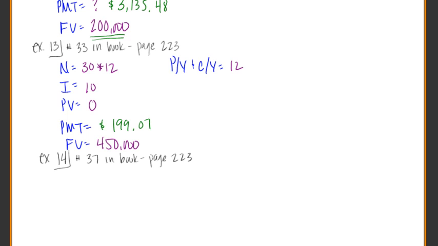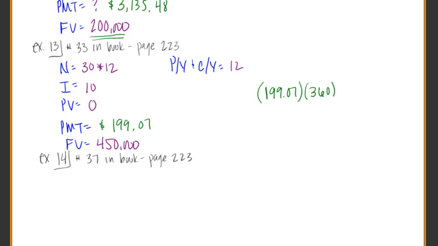Now, granted, this is a nice interest rate, 10%. That's really, really nice to find. And if you want to look at how much she actually spends over this, you take that $199.07 and multiply it times the number of payments she's going to make, which is 360, the 30 times 12.